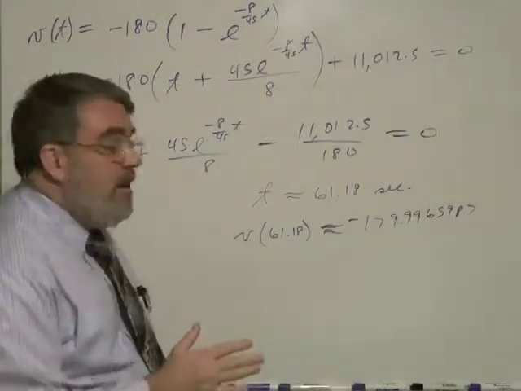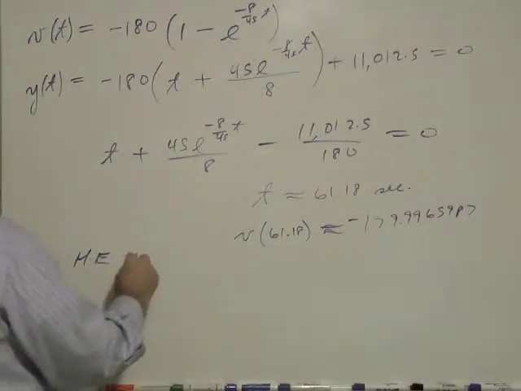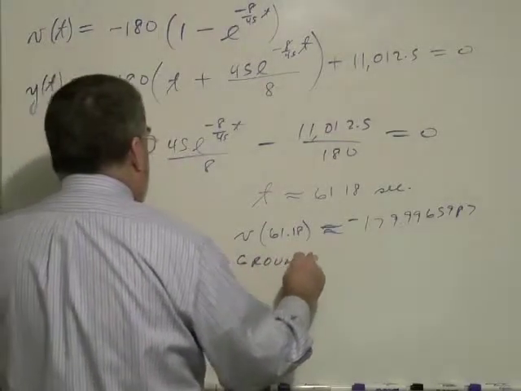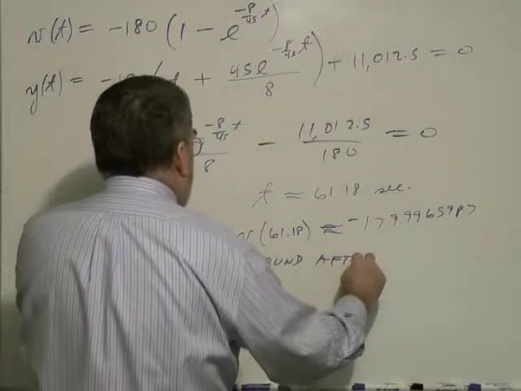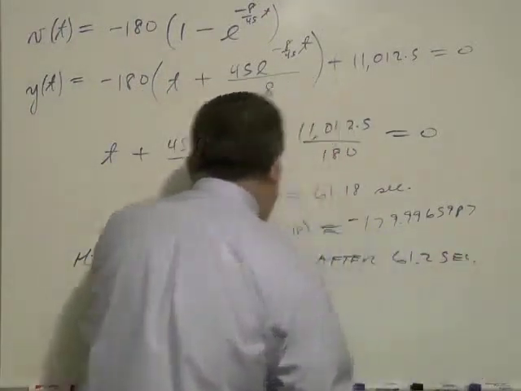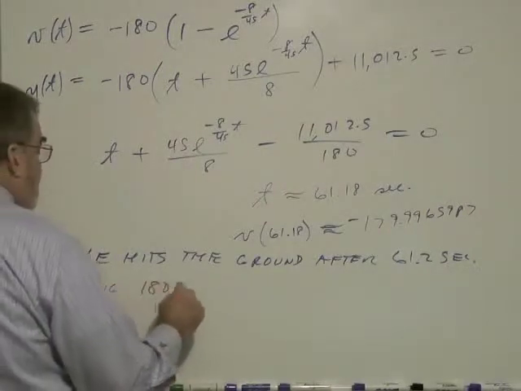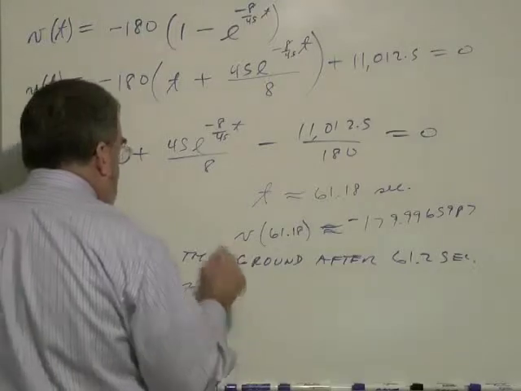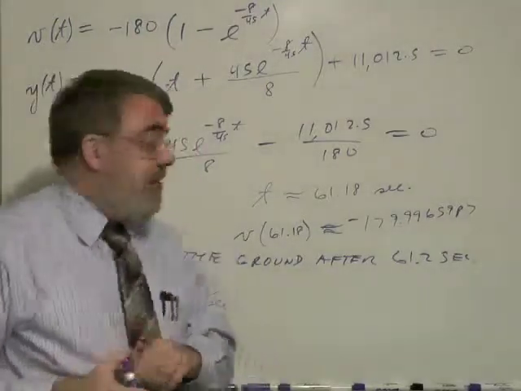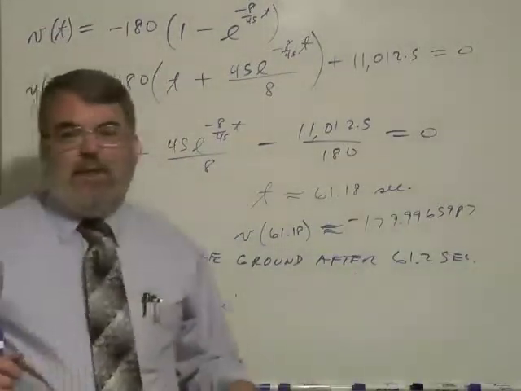So let's see. He hits the ground after 61.2 seconds, going 180 feet per second. There we go. Now in the non-atmospheric problem, he hit the ground after 25 seconds, and I forgot how fast he was going. 800 feet per second.